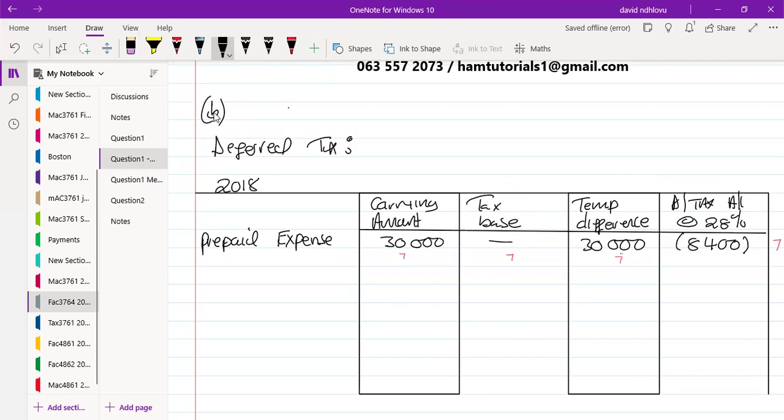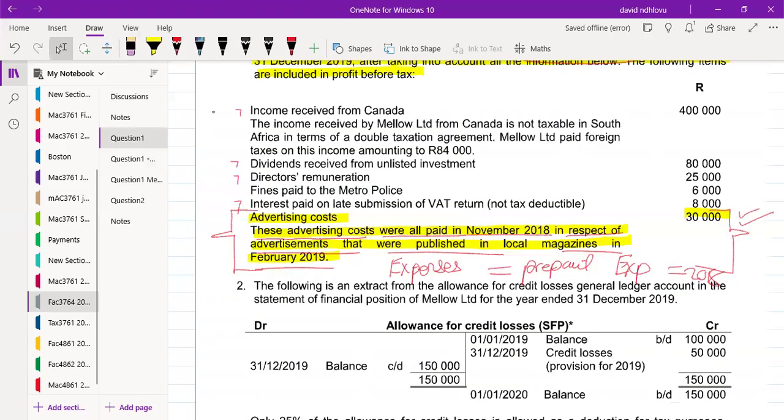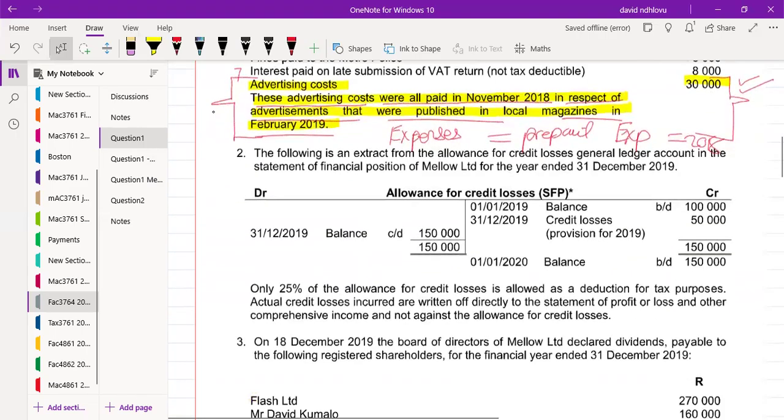Yes. Right. So we want to continue and say, from the question, is there any other asset or liability that we can pick? Then we go to number 2. The following is an extract from the allowance for credit losses general ledger account in the statement of financial position for the year ended 31 December.